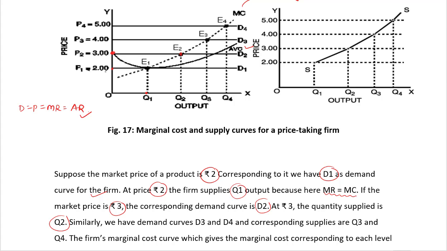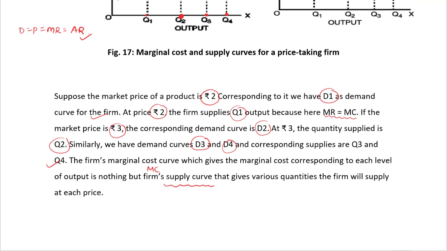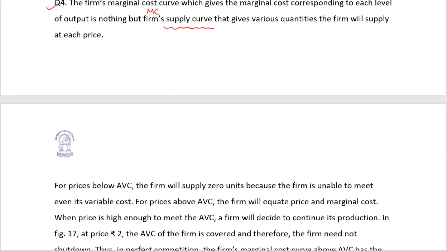Similarly, we have the curves D3 and D4 corresponding to the supplies at Q3 and Q4. The firm's marginal cost curve, which gives the marginal cost corresponding to each level of output, is nothing but the firm's supply curve that gives the various quantities the firm will supply at each level.